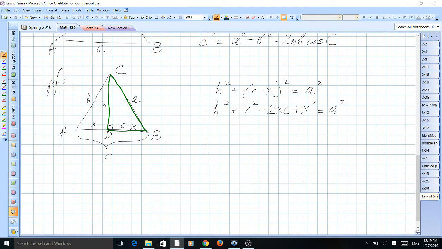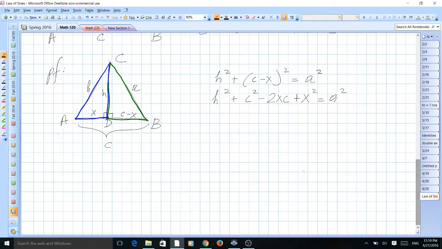I also have another triangle which I will outline below. This is also a right triangle because of the altitude that's being dropped from angle C, the height. So I can use the Pythagorean theorem again to construct another equation. So I'll have h squared plus x squared is equal to b squared.